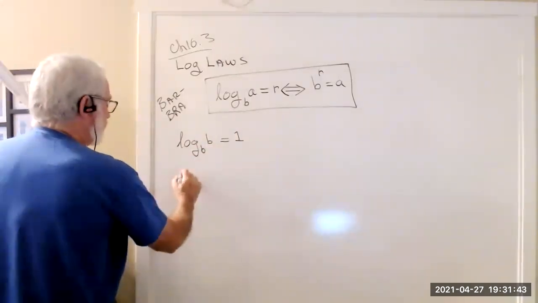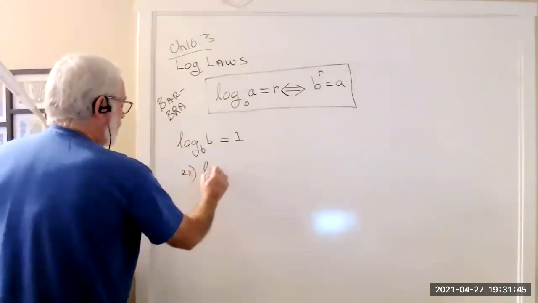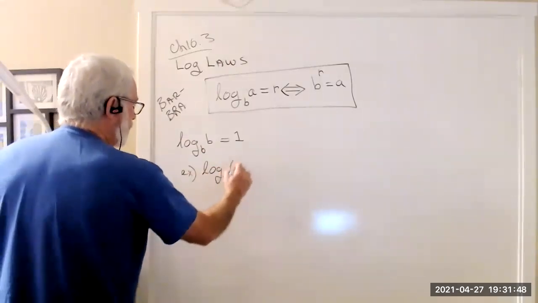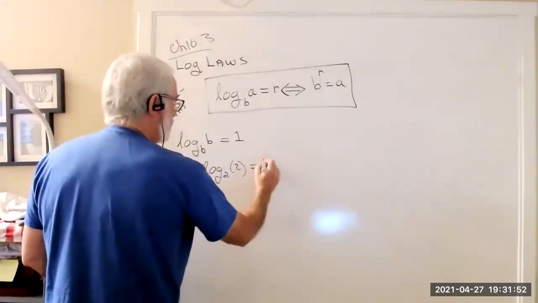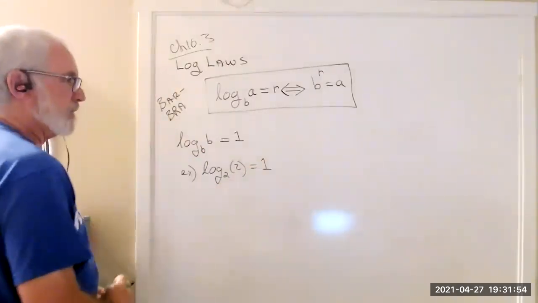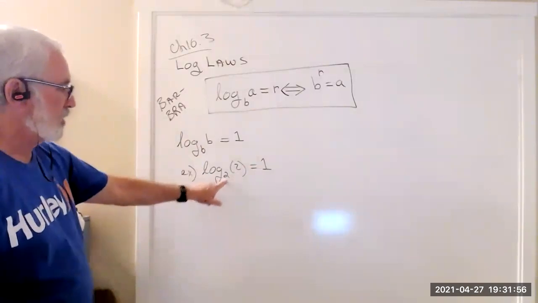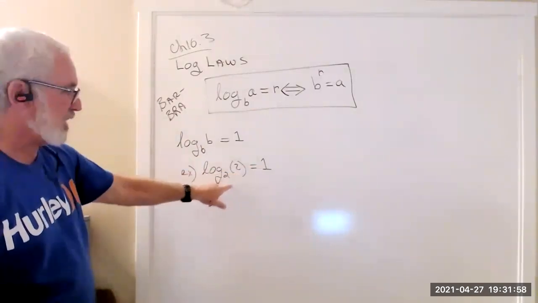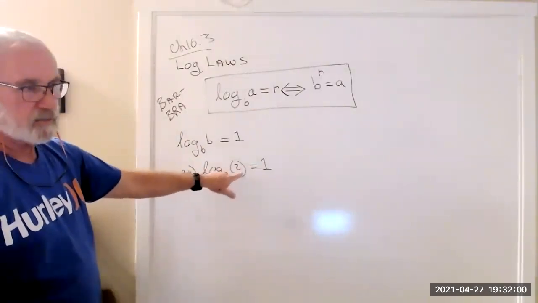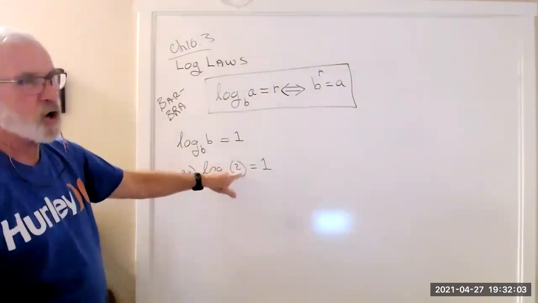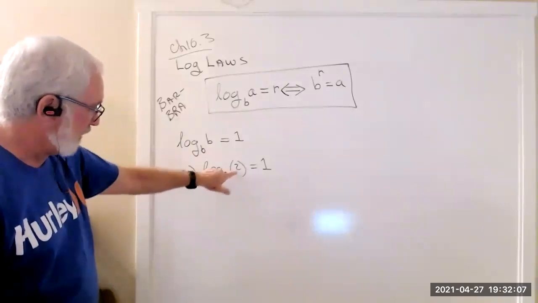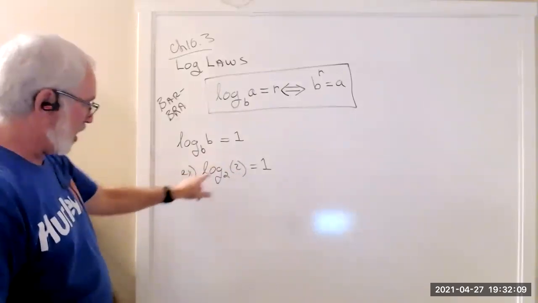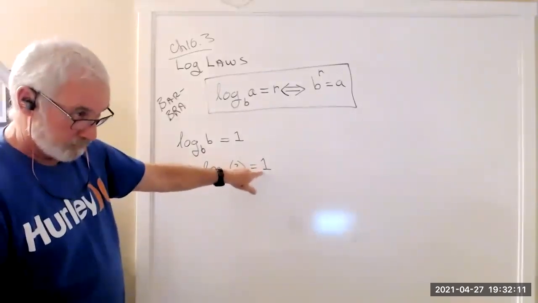So an example of that might be log base 2 of 2 will always equal 1. If the base and that number, which is called the argument of the function, are the same, then the log of that always equals 1.